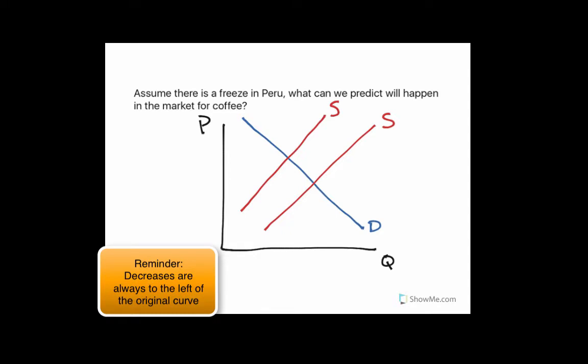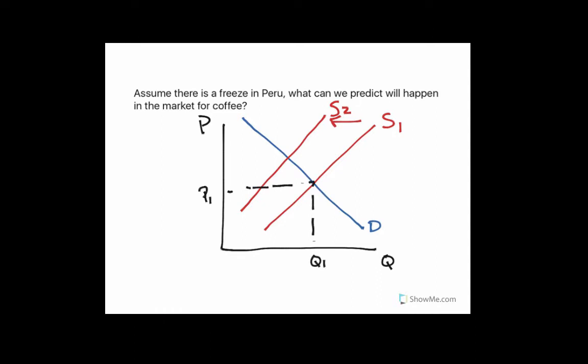But anyways, supply decreases and it goes to the left. So what does this mean for quantity and price? So we were here, and then we moved to here. So you can see that price goes up and quantity goes down.